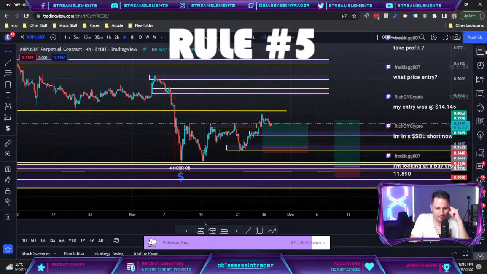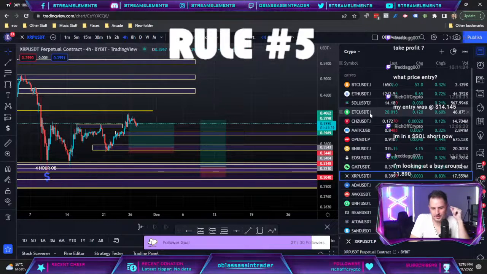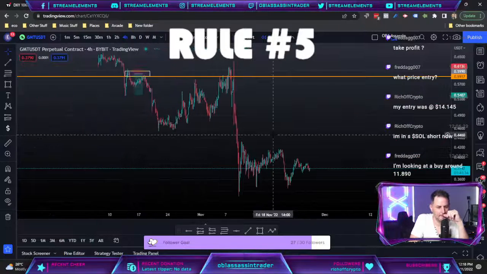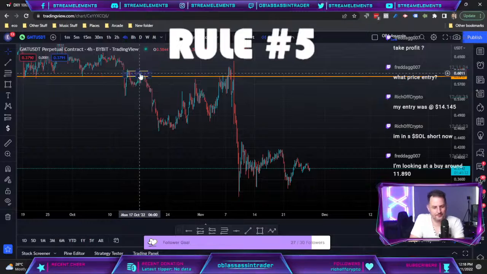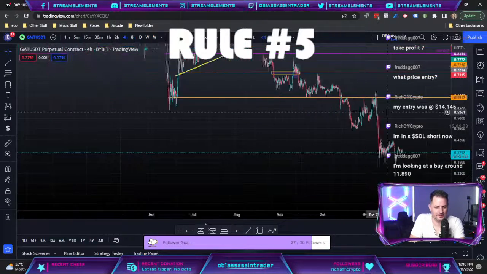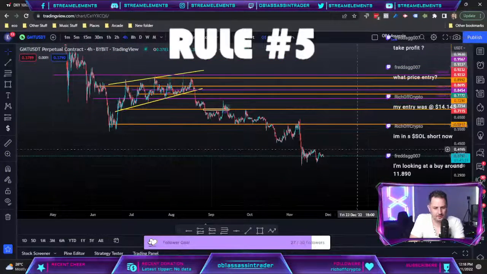Let's have a look through some other coins. Let's see if we can find any other gems. One of the coins that I know has the biggest volume is GMT. How are we looking? I haven't looked at this one for a long time. What even is GMT? I'll tell you what it's not.